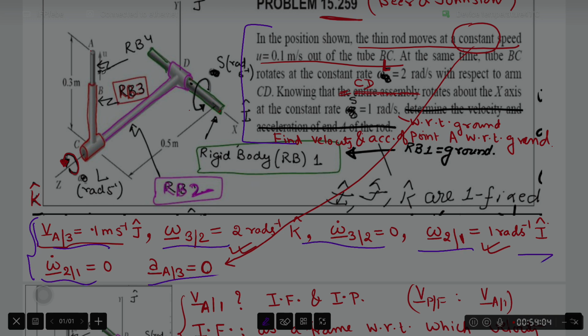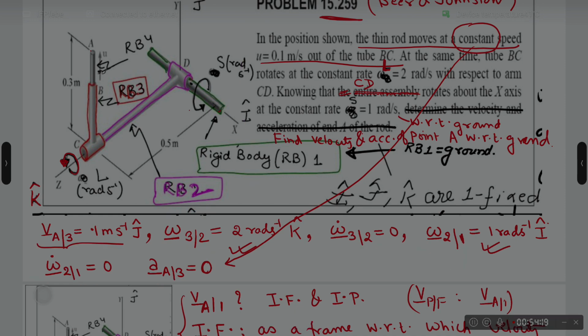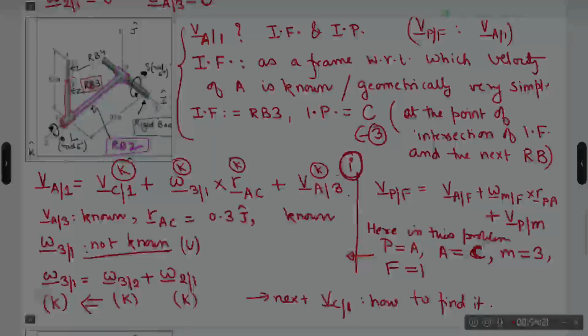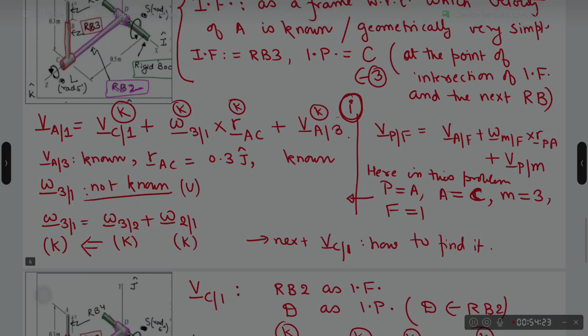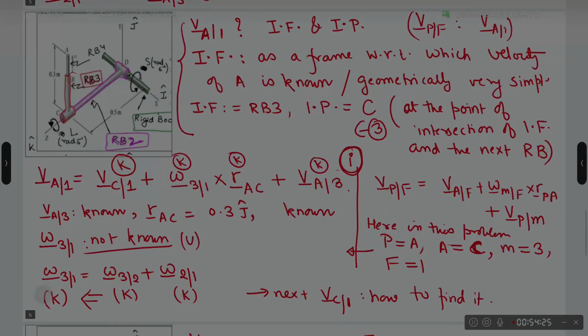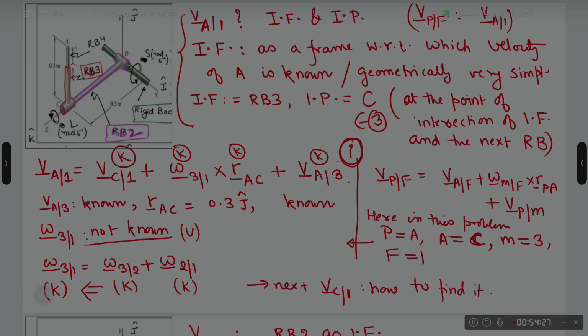I have omega 3 2, I have omega 2 1, but omega of 3 with respect to this man being tied to 1 is unknown right now. Right now it is unknown, but is there a way to find omega 3 1 based on the information that is already available to us?